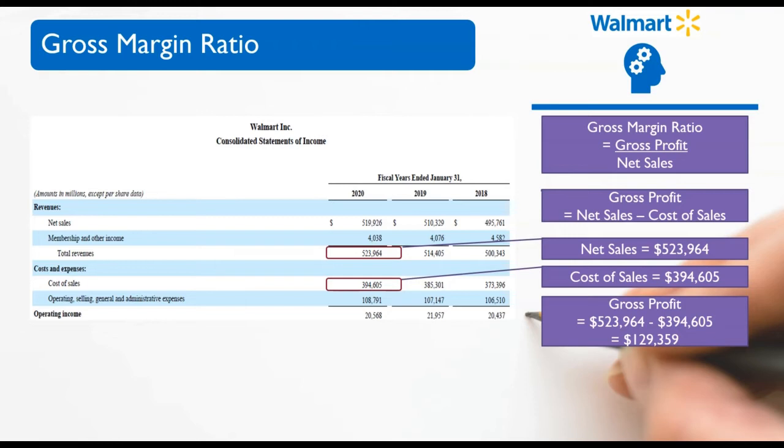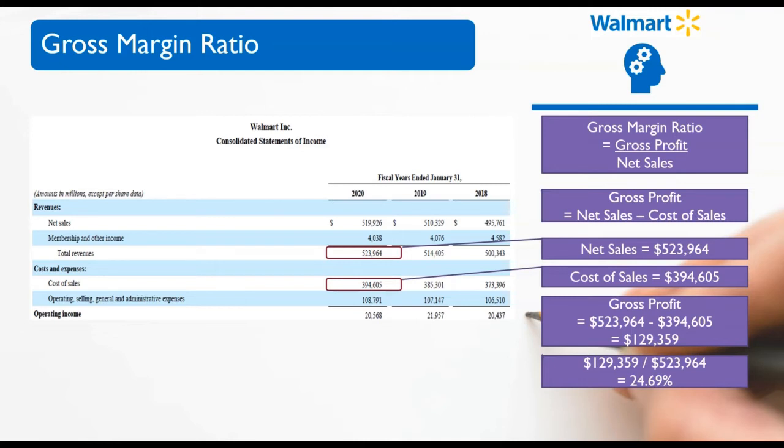Now, when you take that gross profit amount and divide it over net sales of $523.9 billion, we come up with a gross margin ratio of around 24.69%. So now, what is this telling us and how does it compare to Amazon? Well, this tells us that Walmart makes around a 25% gross profit for every dollar of sales.